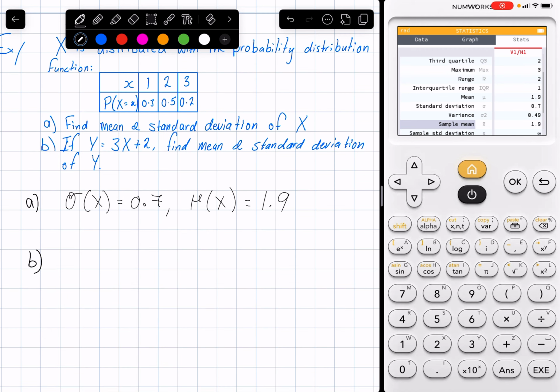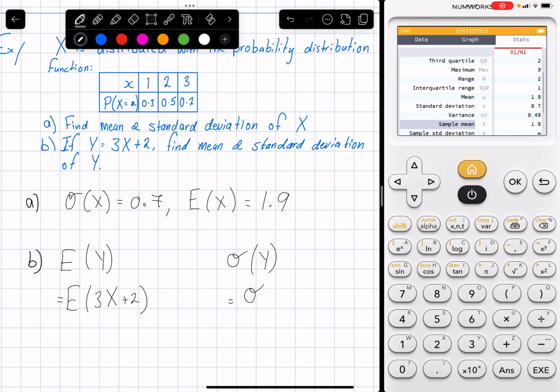Now I want to find the mean or expected value of y, and the standard deviation of y. What I like to do is input what y is. Now y is defined to be 3 times x plus 2, and I also want the standard deviation of 3x plus 2. We can now use our properties where 3 is a and 2 is b.